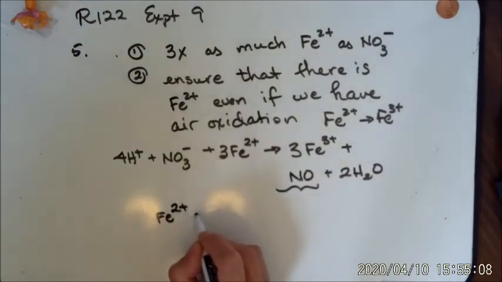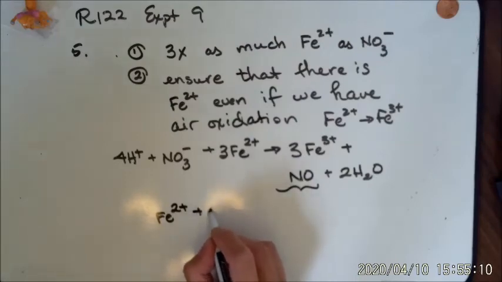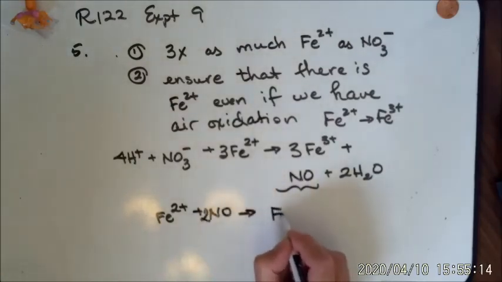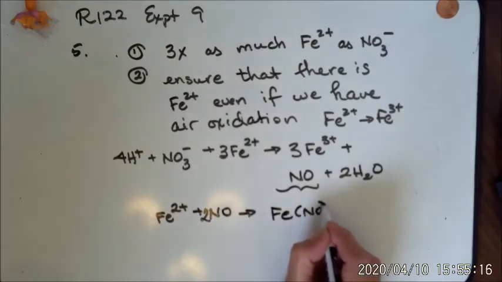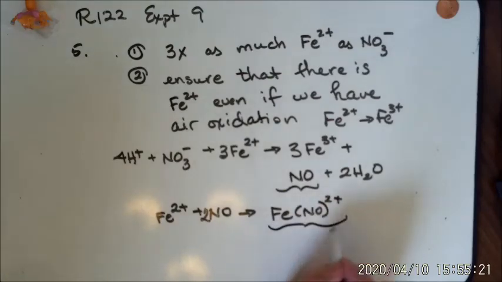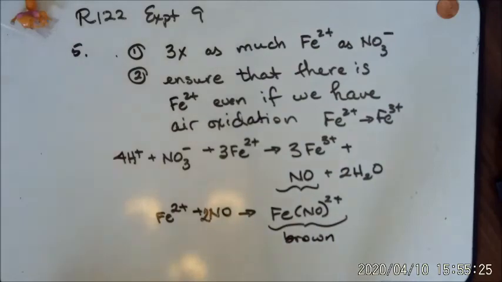with the excess iron 2, you're going to form this complex. Okay? And this is what we need. This is brown, and it's at the interface. And this is what we observe. Okay?